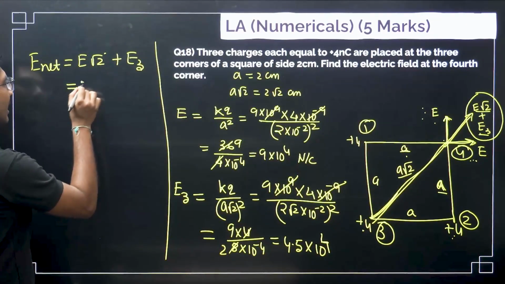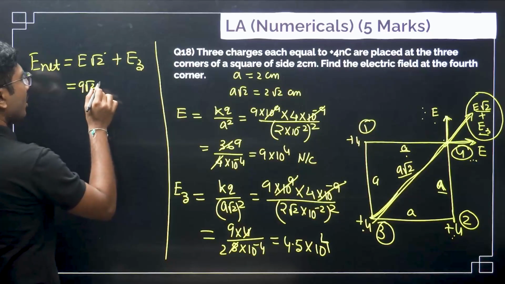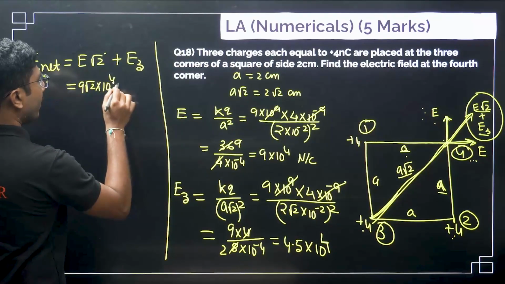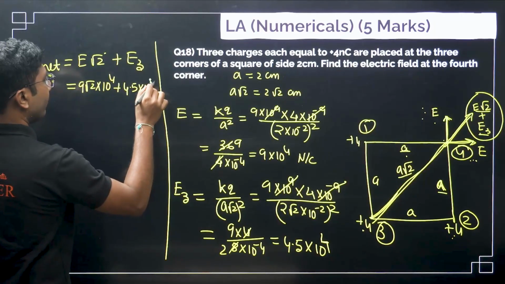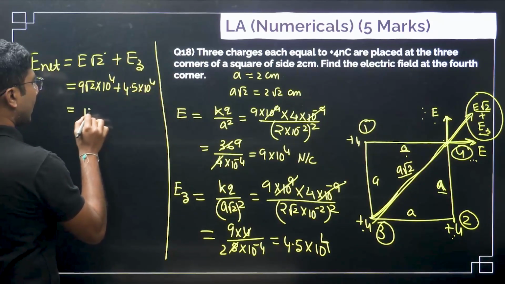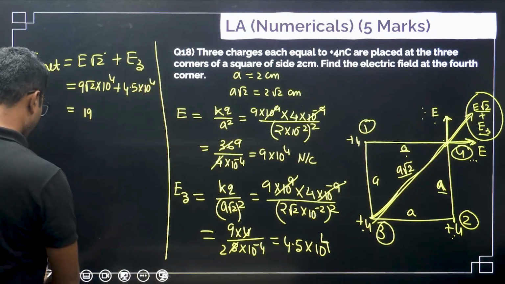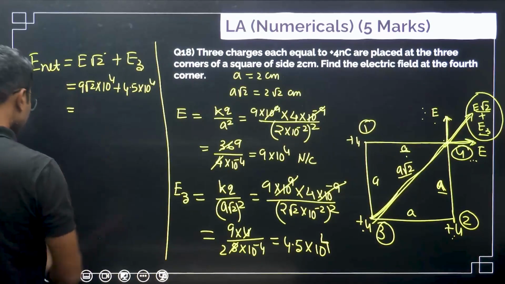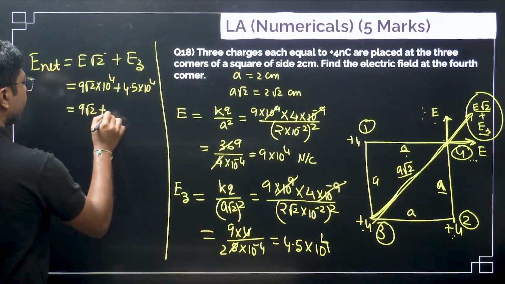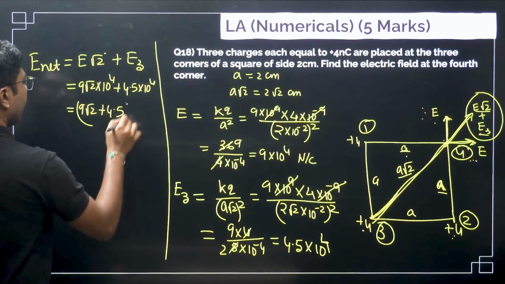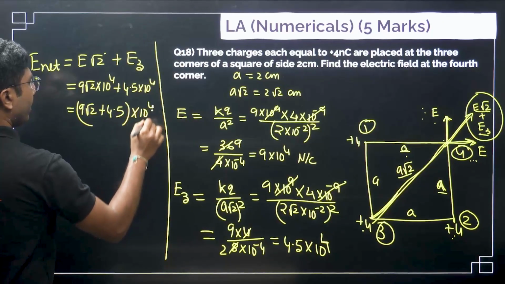So it will be 9 root 2 into 10 to the power of 4 plus 4.5 into 10 to the power of 4, which will be 9 root 2 plus 4.5, into 10 to the power of 4 Newton per Coulomb.